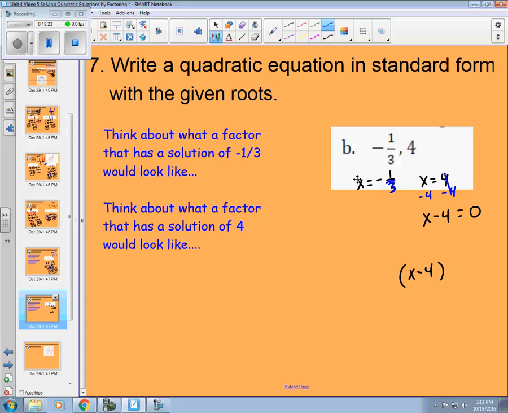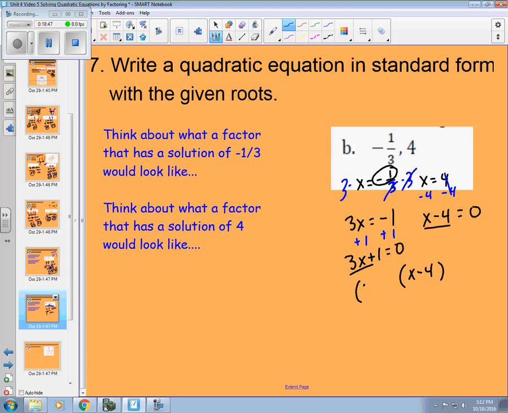So what's the opposite of dividing by 3? Multiply both sides by 3. So if we times both sides by 3, now you've got 3x equals, what's left here is -1. And now if we add 1, this is no longer a fraction. This is going to be much easier to deal with.